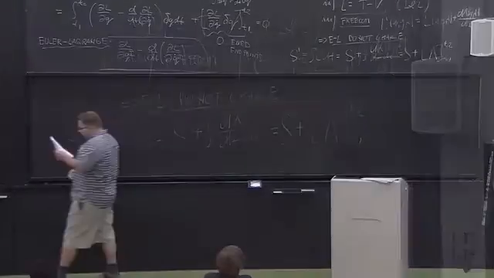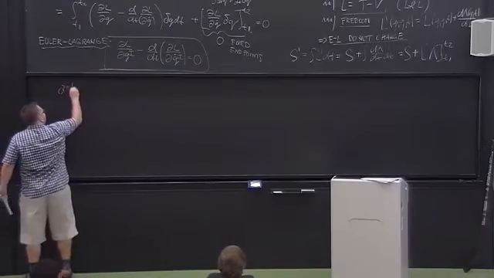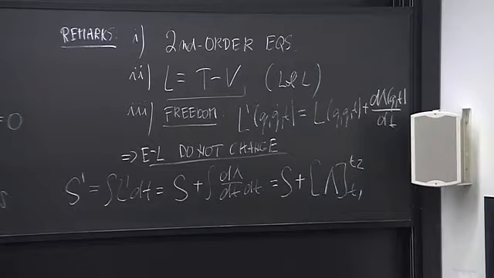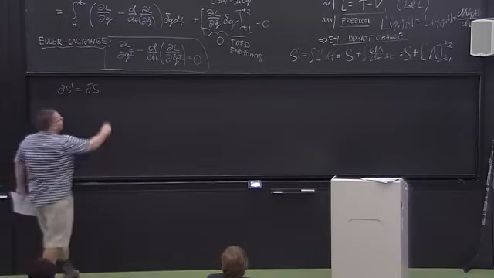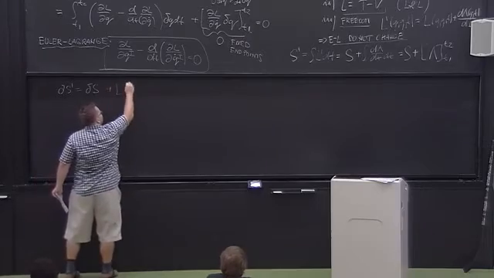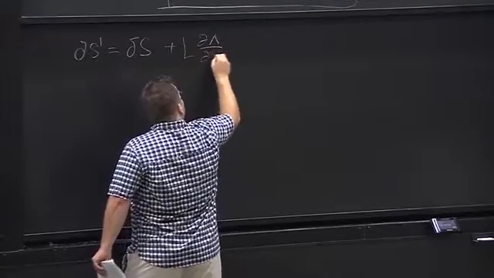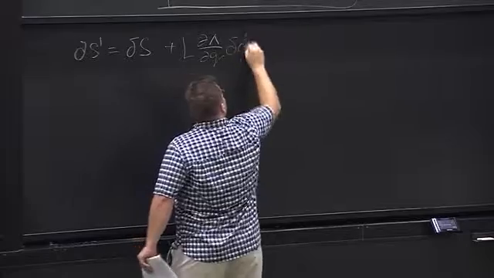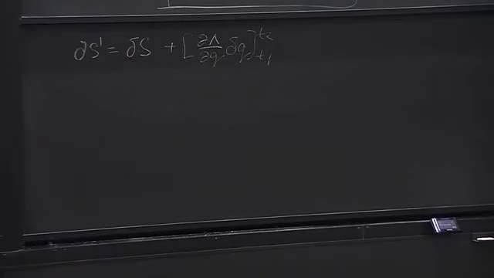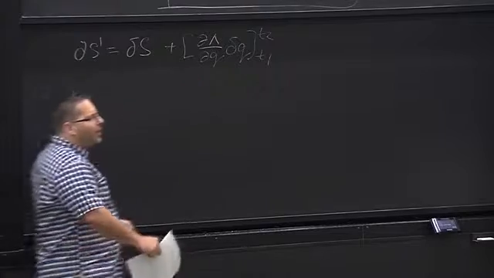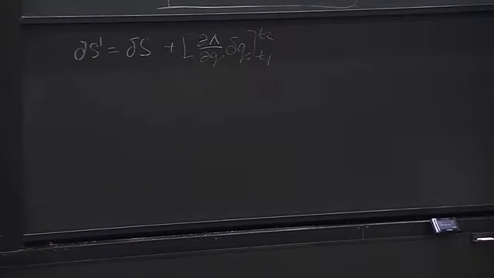Now when you vary this new action, delta S prime, of course you get the variation of the old action, plus, and this may look fishy but it's okay, delta lambda evaluated between t2 and t1. This is how you vary your boundary term. If you do it properly, you'll find that this is correct. But you still have fixed endpoints.